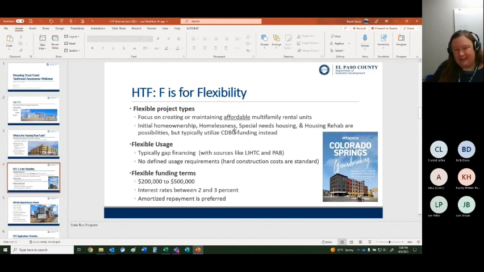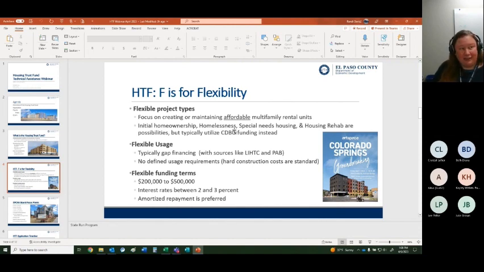But our Housing Authority tends to shy away from those because they can get money from CDBG funding, and that's an annual thing. We get money for that every year. So we would like to focus CDBG funds on those things and stick to maintaining affordable multi-family rental units or creating them as well. Flexible also stands for flexible usage.